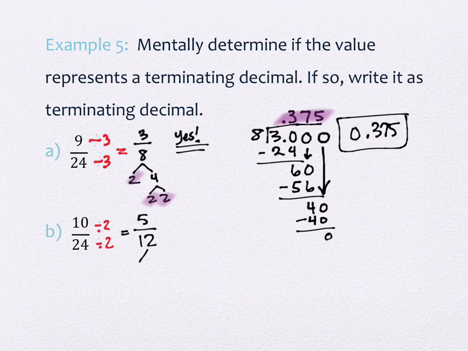Yeah, I factor the 12. So if I factor the 12, what do I get? 2 and 6. Okay, 2 and 6, and 6 is? 2 and 3. So these are the pieces I'm looking at. What do they tell me? It is not terminating. How come? Because there's a 3 in it. You're right. So this one's a no. It is not terminating.